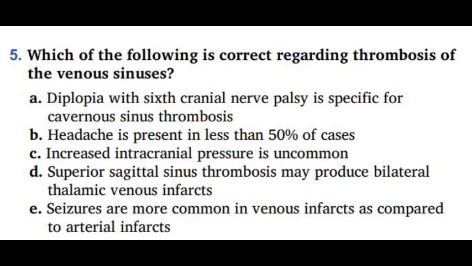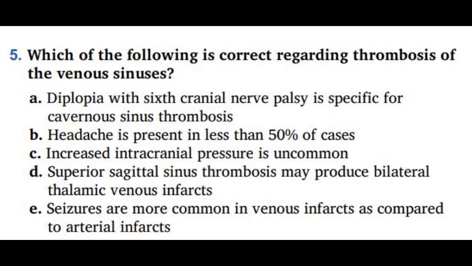D, superior sagittal sinus thrombosis may produce bilateral thalamic infarct. For you to have a thalamic venous infarct, it has to be thrombosis of the deep venous sinuses. Usually a superior sagittal venous sinus thrombosis will cause an infarct in the parasagittal cortex, so you have an infarct in the areas supplied by the anterior cerebral artery.